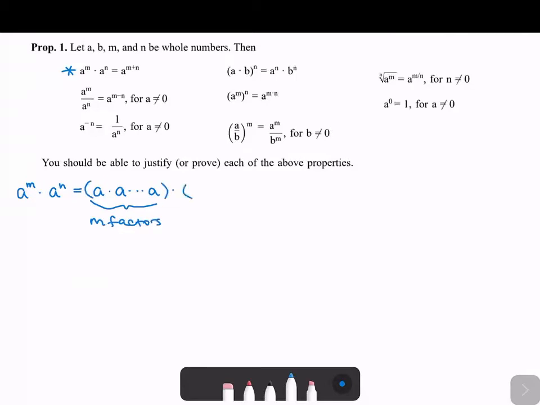And then we have a to the n, which looks very similar. This is n factors. Okay, so this is just the definition of exponents.